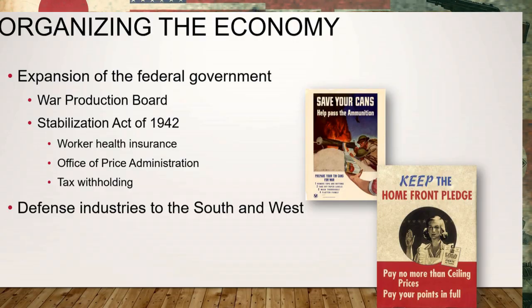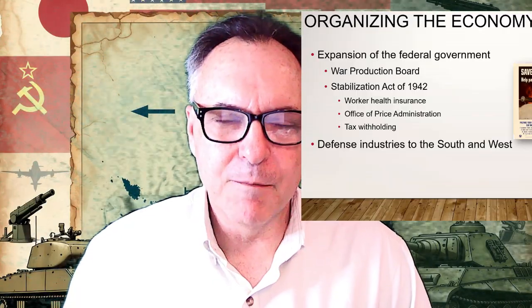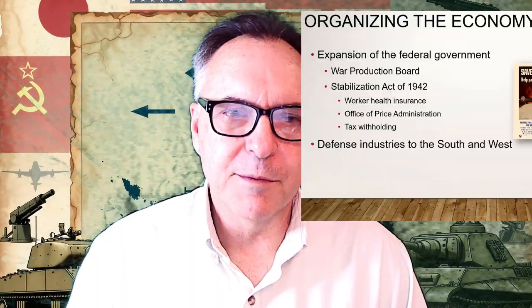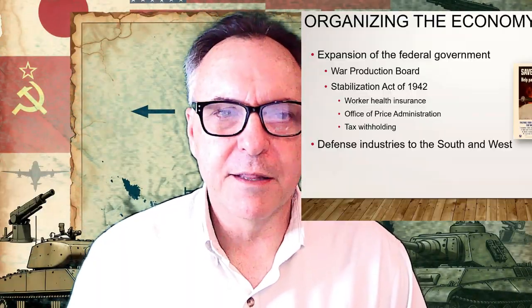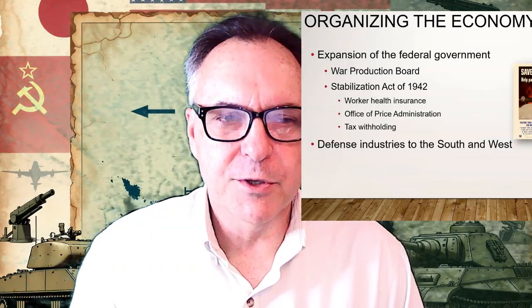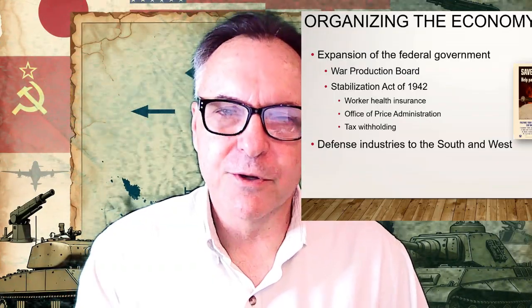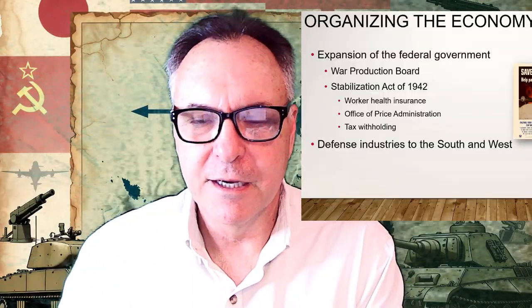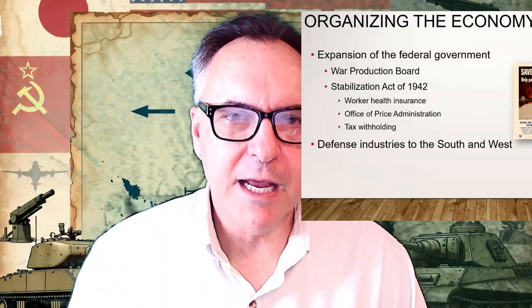Now, the companies are still private companies, but the allocation of resources, the things that are going to be produced, all of those are directed by the government. And we create a war production board in order to oversee all of that. We got to make sure that the right things are produced at the right time so that we can achieve the victory on the battlefield.